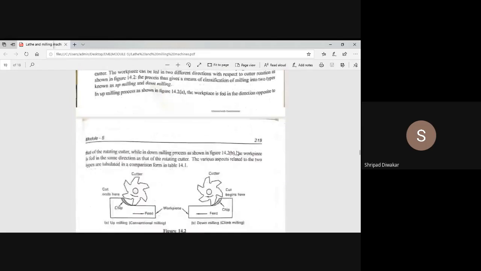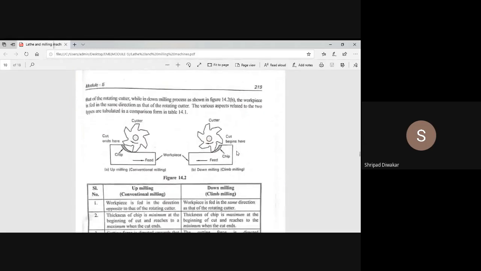There are mainly two types of milling. One is called up milling and another one is called down milling. Okay, so in the up milling, the milling cutter rotates in the opposite direction to that of the workpiece. Suppose the workpiece moves in this direction and the cutter rotates in the opposite direction, that is called up milling.